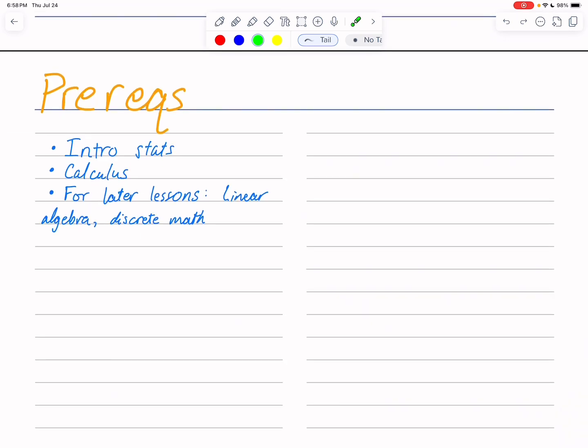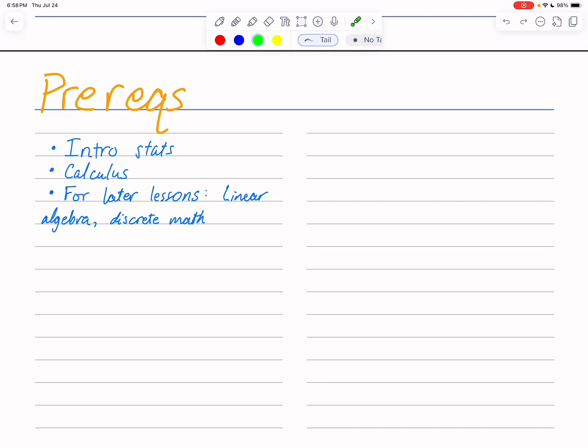The prerequisites for this, at least to begin with, would be introductory statistics, calculus, and it would be good if you have seen discrete mathematics before this class, but I don't know that, especially in the early lessons, that'll be an absolutely essential prerequisite.